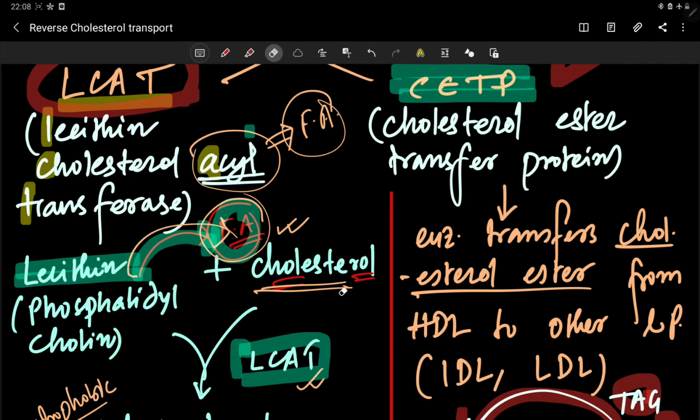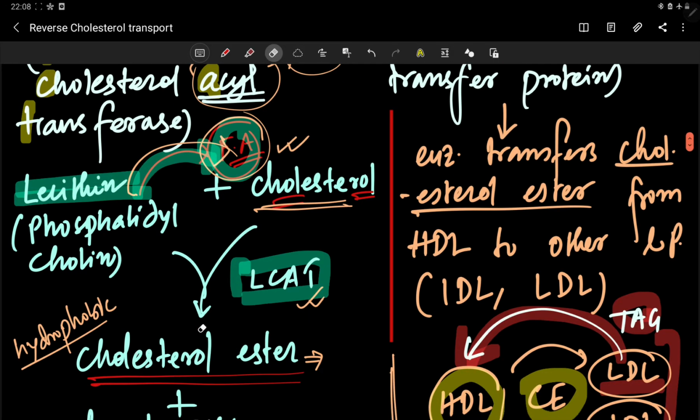cholesterol. Cholesterol has a polar end and a non-polar end, hydrophobic and hydrophilic end. That's why this is called your amphipathic cholesterol, and this cholesterol is converted into your cholesterol ester, which is totally hydrophobic.